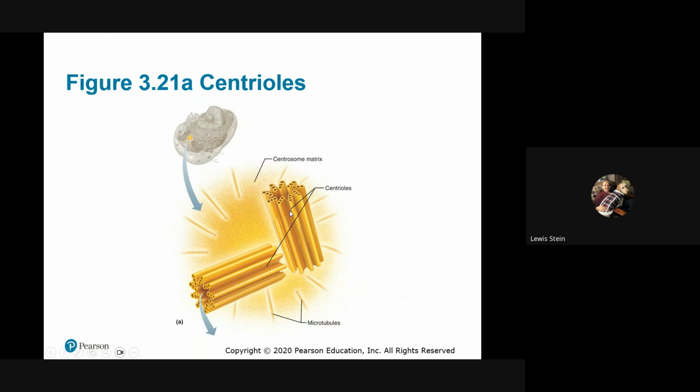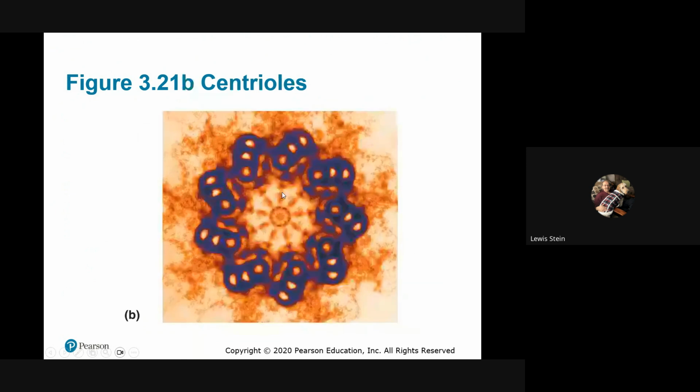It's called 9+0. It has 9 triplets of microtubules with nothing in the center. This is at the centriole level, or the basal body that attaches the flagella or the cilia in those organisms.